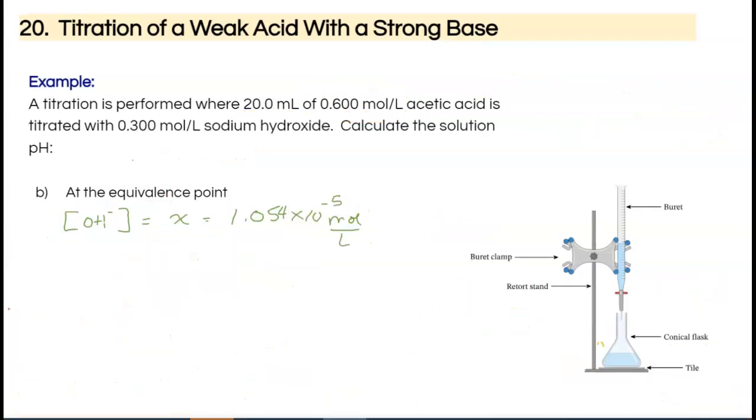And so the goal of this question was, of course, to figure out the pH, right? I can't calculate pH directly from my hydroxide ion concentration, so I need to figure out my pOH first. So pOH is equal to the negative log of my hydroxide ion concentration. And so the negative log of 1.054 times 10 to the negative 5 is going to give me a value of 4.98.